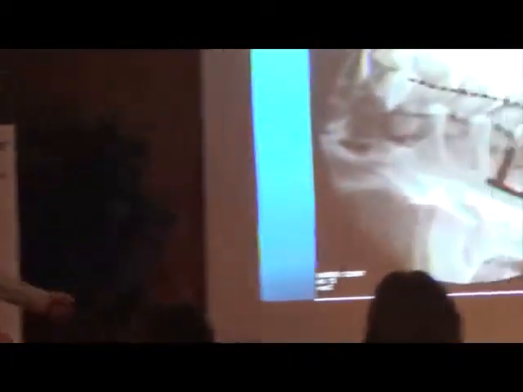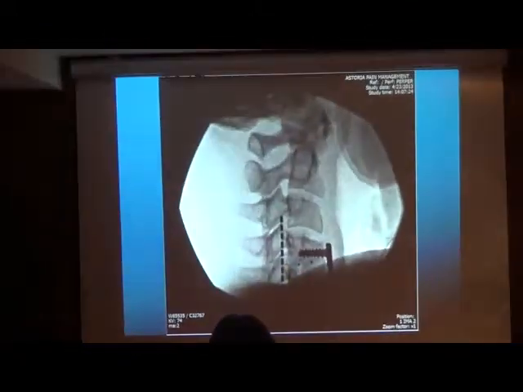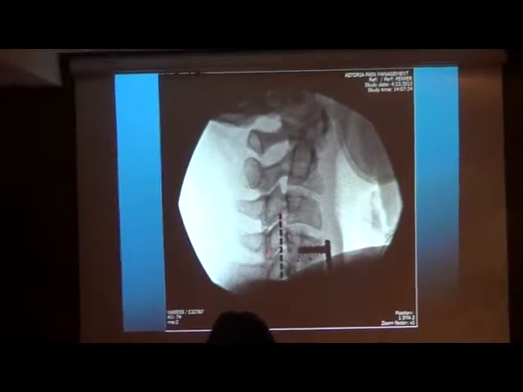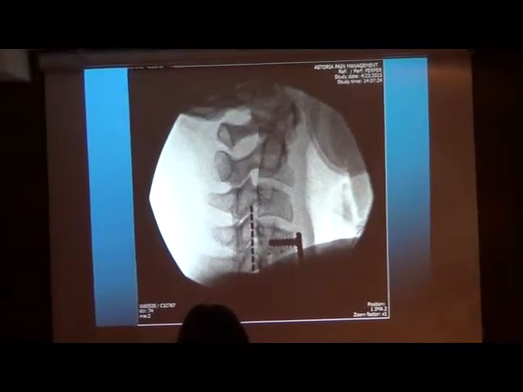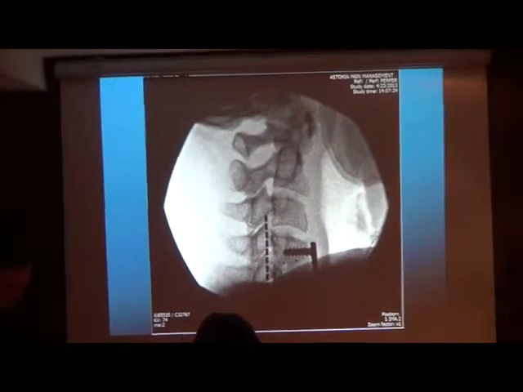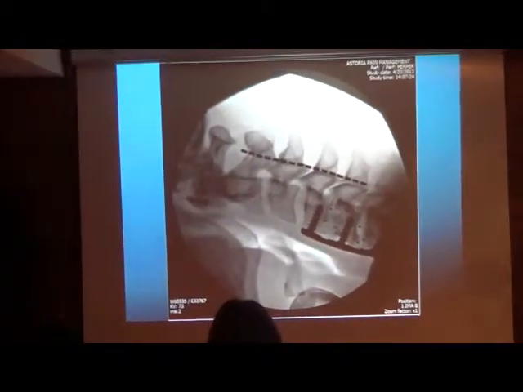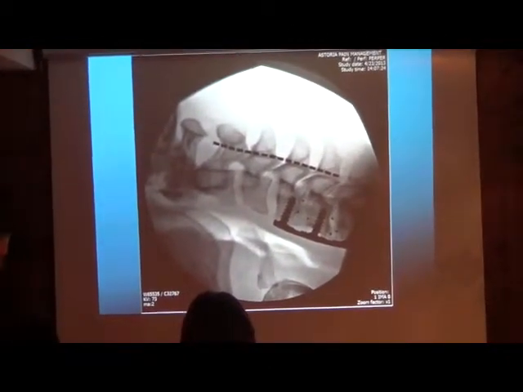It actually shows the spinolaminar line. The same wire but placed in the spinal cord. But is it? It's actually the anterior epidural space. It's the same patient. I repositioned it, placed it properly.